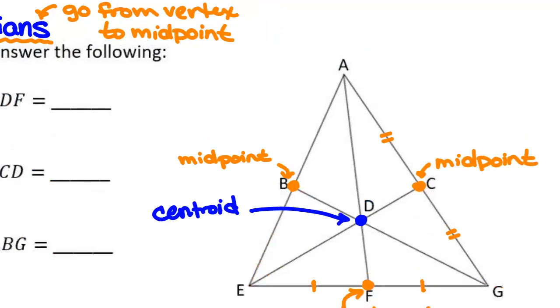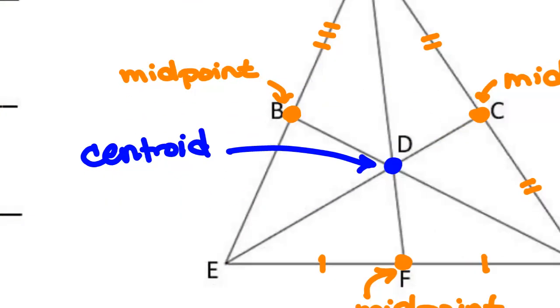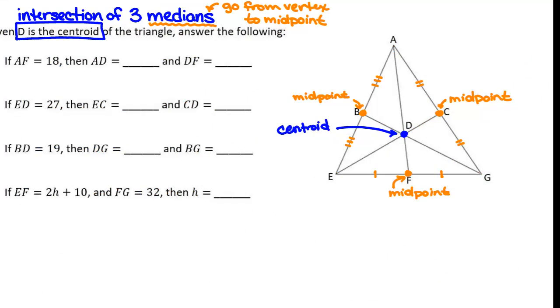And so AB and EB are also congruent. So that's one of the first things that you should notice and mark down when you are told about a point being a centroid. Centroid means medians, medians mean midpoints.